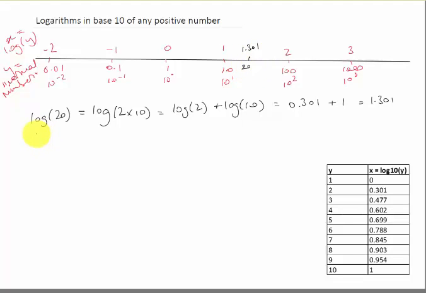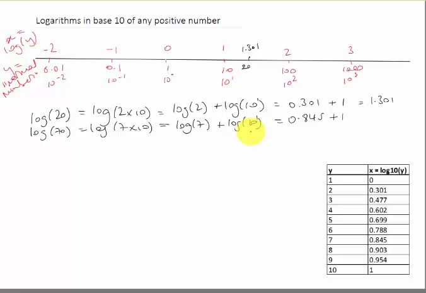Now how about logarithm of 70? That's the log of 7 times 10, so that's log of 7 plus log of 10. We could think of 10 as 10 to the power 1. That'll be helpful to us later. So log of 7 is 0.845 plus 1.